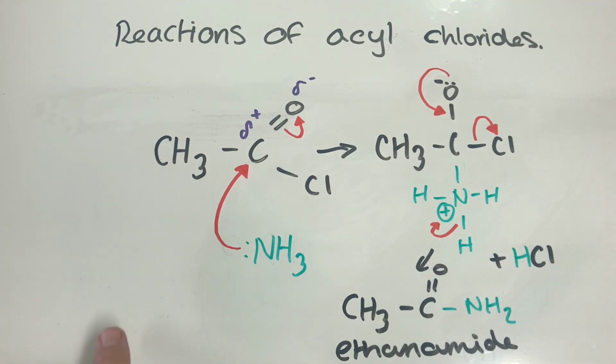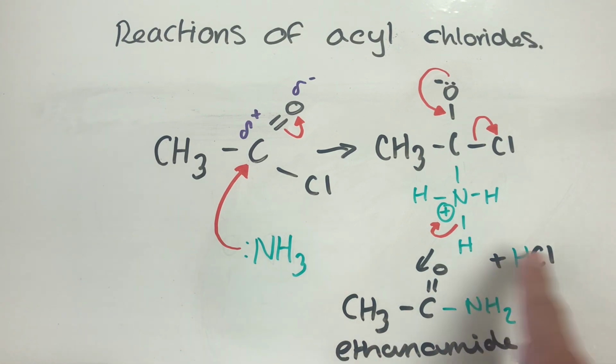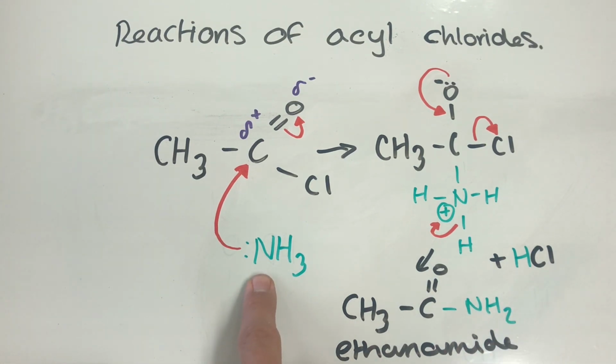Now, the reason why that's important is because I'll draw it here. The HCl is an acid. We're reacting a base with it, so there's going to be an acid-base reaction between the hydrogen chloride and some of the ammonia that hasn't reacted at the start. So what we'll end up having is a side reaction which produces ammonium chloride because the ammonia and the HCl react together.